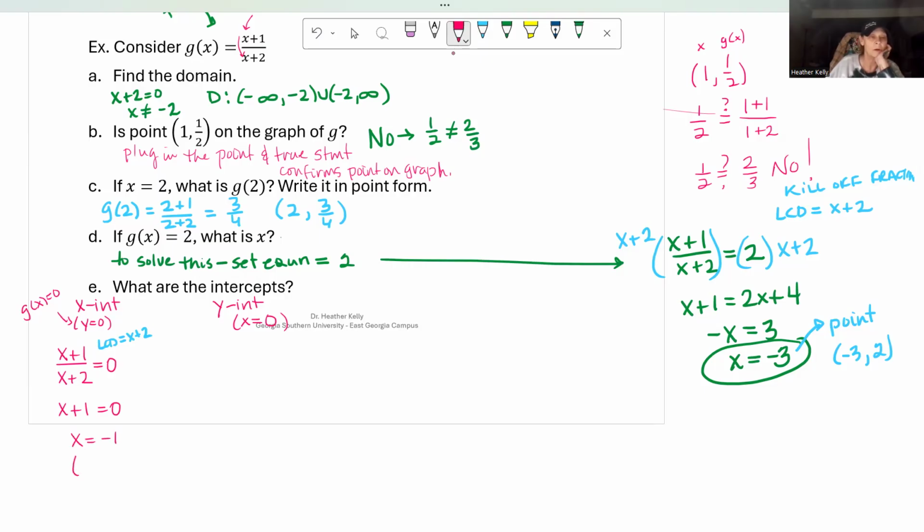And we like to write our intercepts as points, so it's concrete in our head that that is a place on the graph. And then our y-intercept here happens when x is equal to 0. So y is equal to 0 plus 1 over 0 plus 2. y is equal to 1/2, and that point will be (0, 1/2).